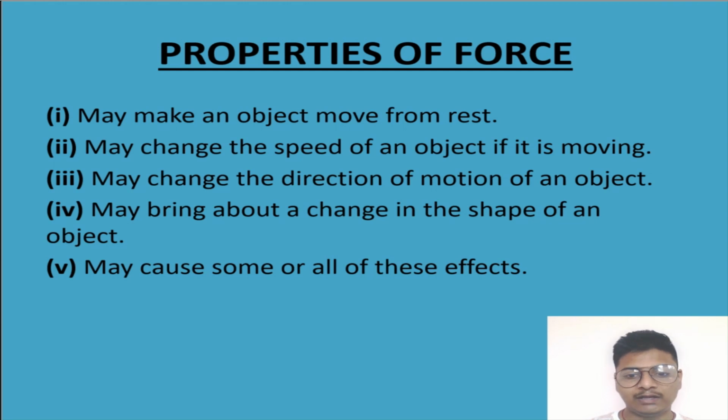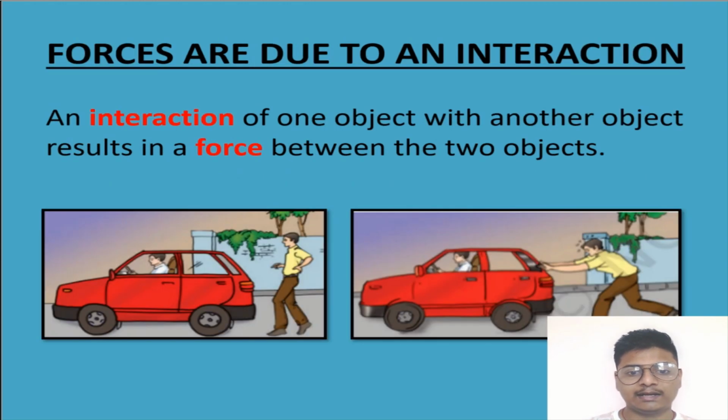Now we have seen something else also, with this kind of pictures. I told you about the interaction between two objects. See, forces are due to an interaction. The car was still over there, but when this person pushed the car, it moved a little further.